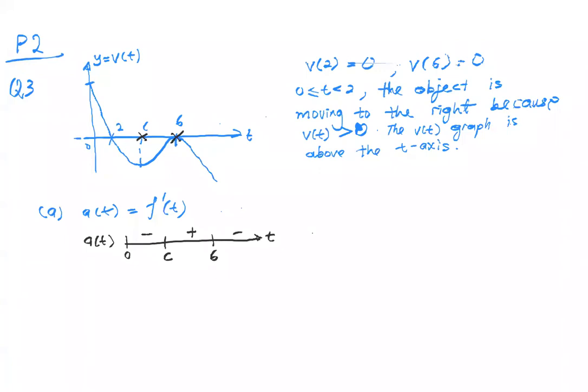All right. For 0 to C, it is below the x-axis. So it will be here. And this is a cubic for velocity, so acceleration will be quadratic. You try not to do graph on graph.